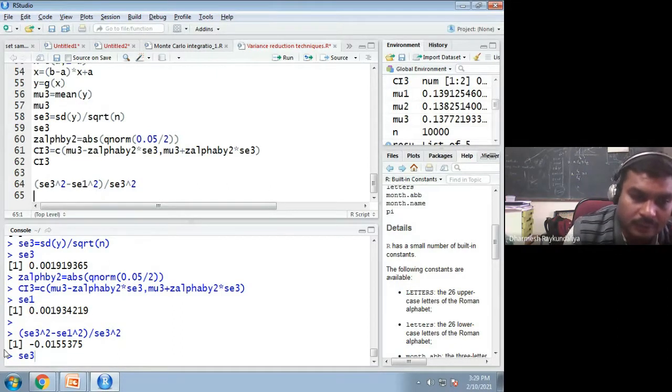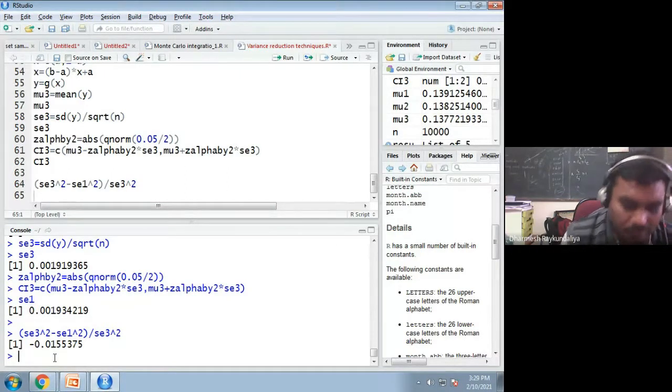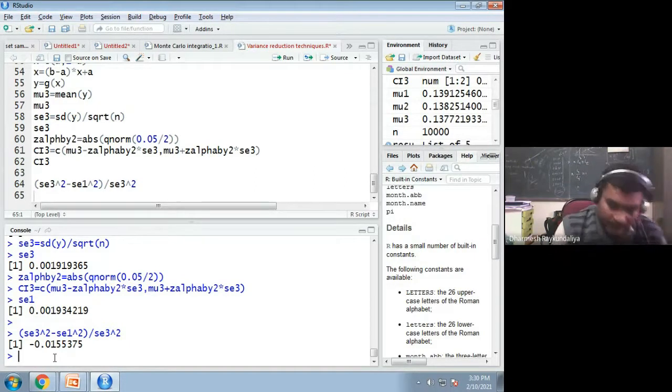So it is suggesting that the antithetic variable technique is actually reducing the variance of the estimator of the theta. So the antithetic variable technique is giving a better approximate result of the integral. Is that fine?